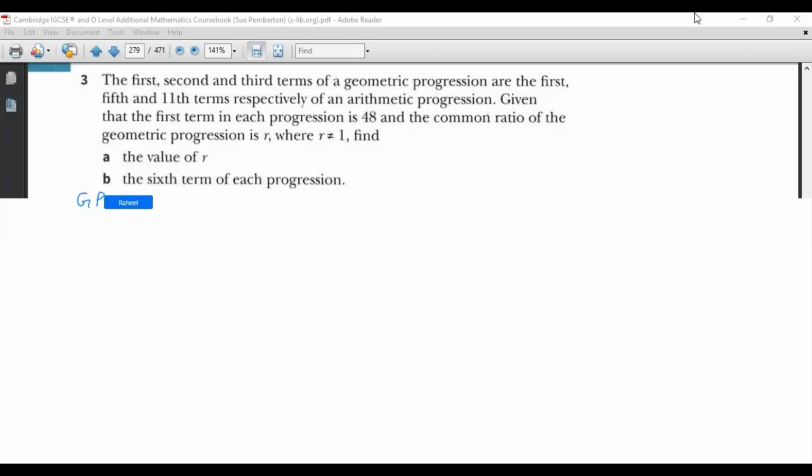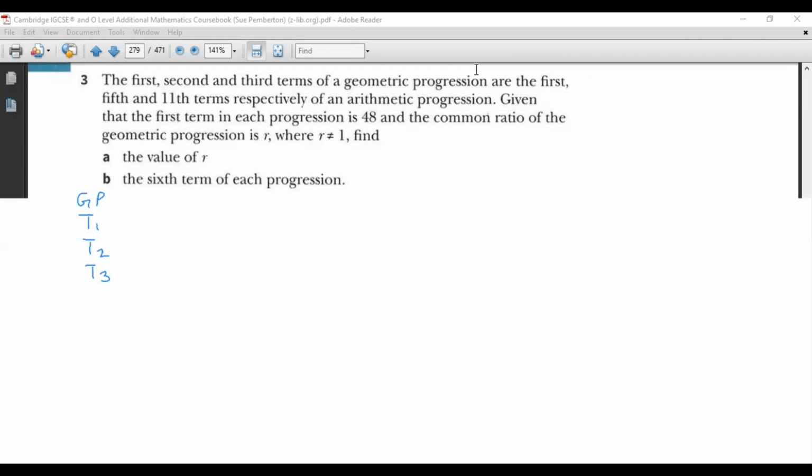GP. Now for GP, what have they given us? For GP, they have given us the first term, that is T1, T2, and T3. These are the terms which are given for GP.